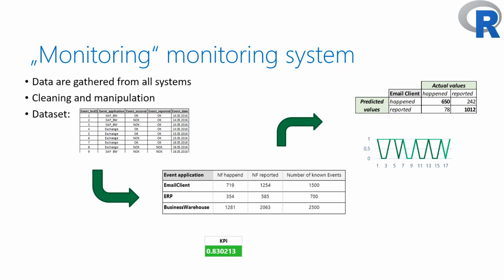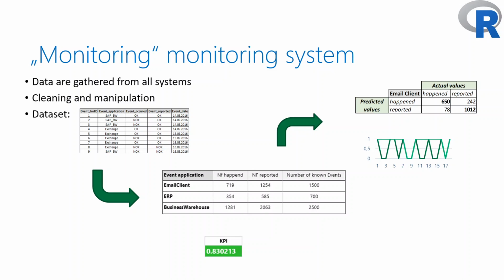In addition, you can start monitoring the monitoring system. So let's say you have all the data gathered from the different systems, and you ask, okay, what if something really has happened?